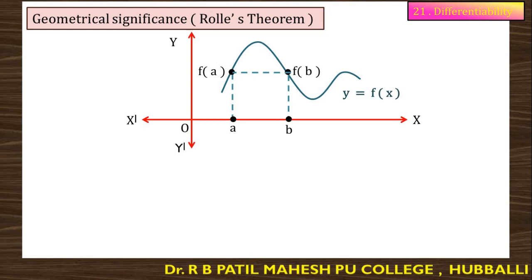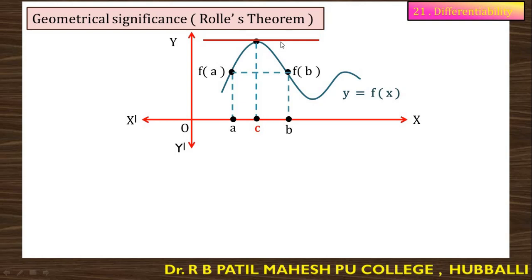If these two are equal, then what happens? There exists a point c on the x-axis in between a and b, such that at the point c on the curve, if you draw a tangent, remember the tangent is parallel to the x-axis. So Rolle's theorem states, if f of a and f of b are equal, then there exists a point c such that the tangent at c is parallel to the x-axis.